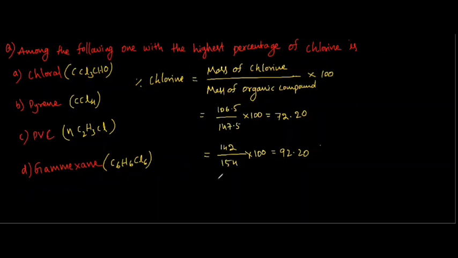In gammexane, the mass of chlorine is 213 and the mass of gammexane is 291, into 100, which equals 73.9. PVC is uncountable because it is a polymer.